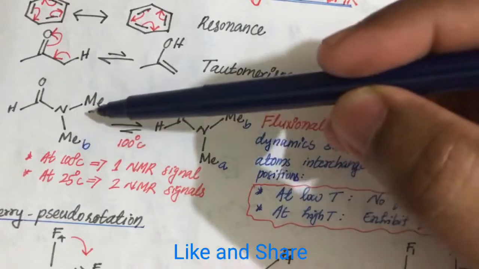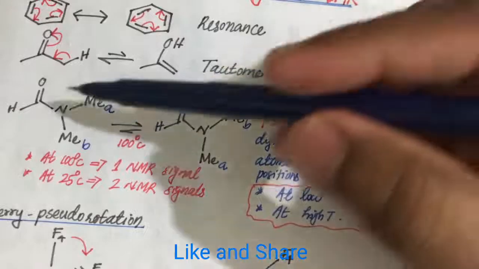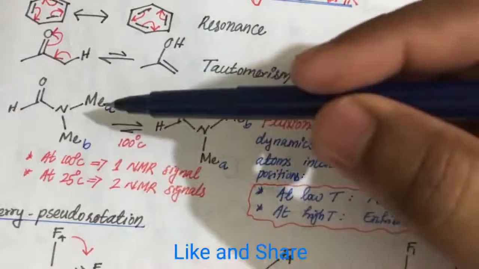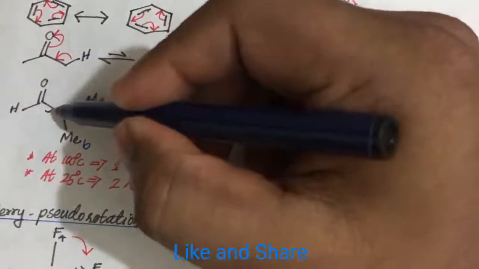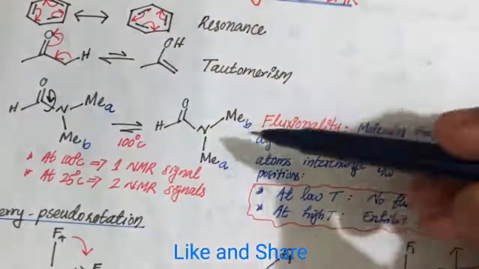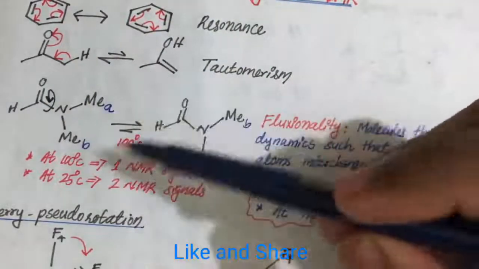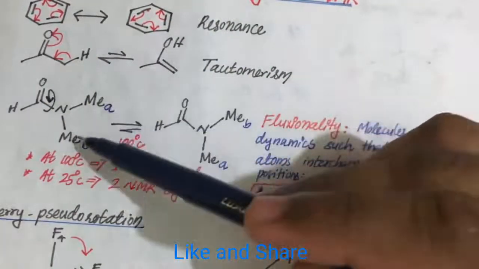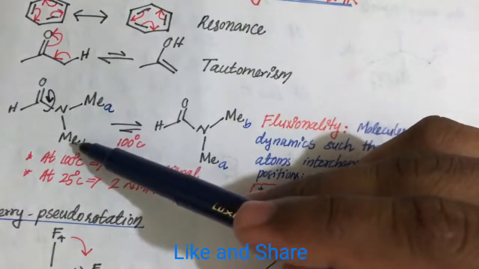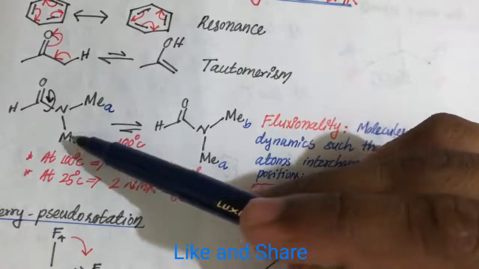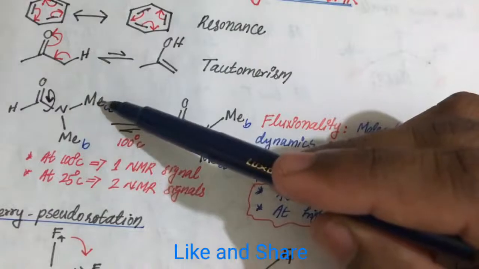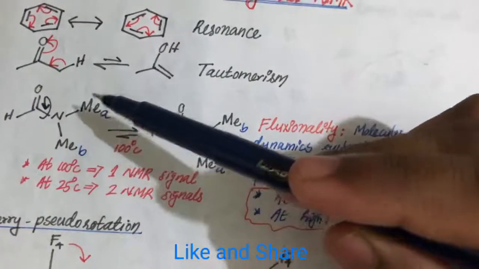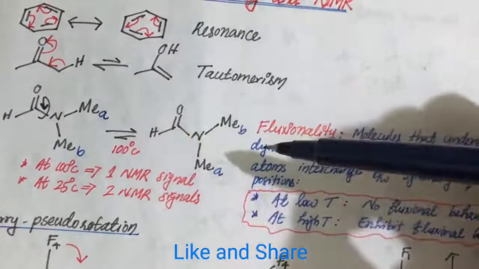At 100 degrees Celsius, it will undergo rapid rotation. That is, this bond can rotate, so you can have this structure. Now what happened is that this MeB relatively changed its position to the MeA position and vice versa. This is nothing but fluxional behavior.